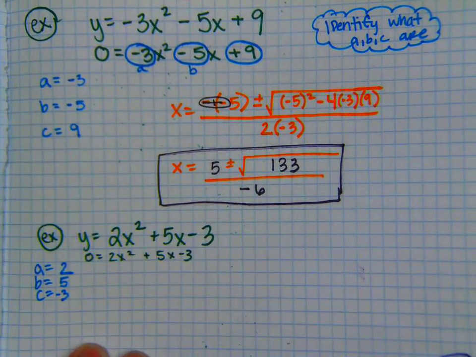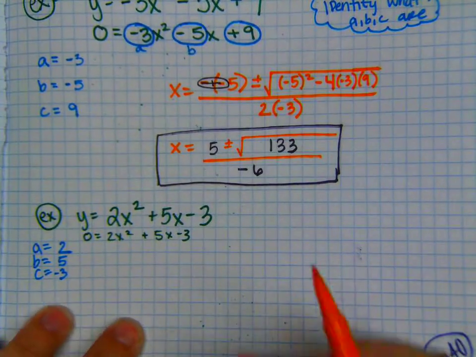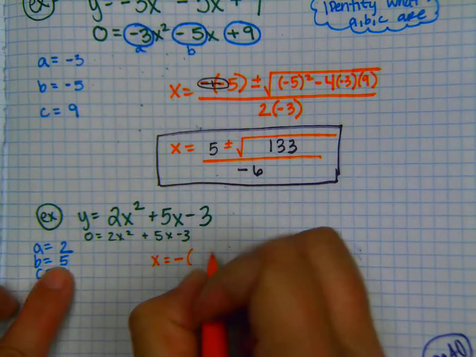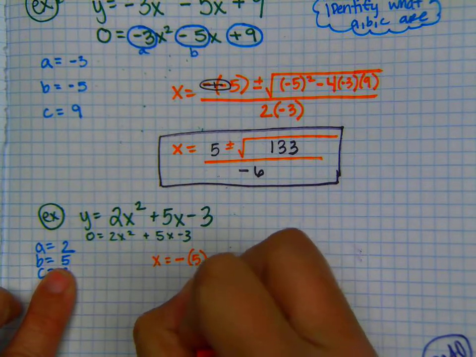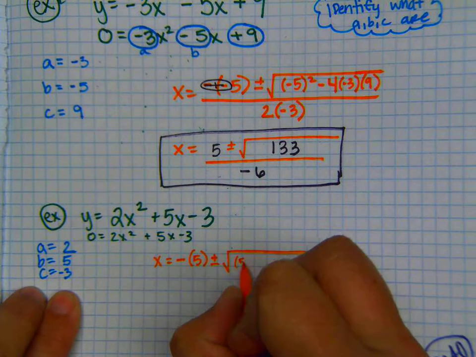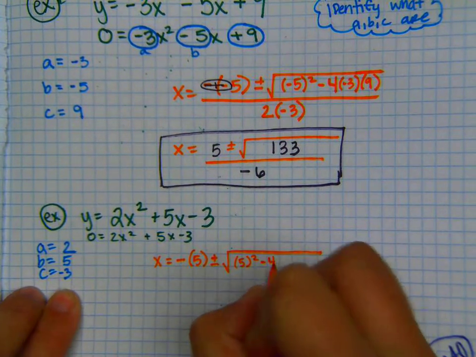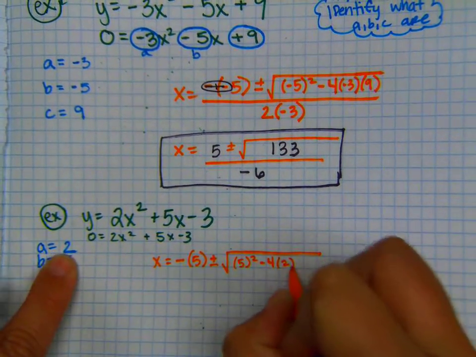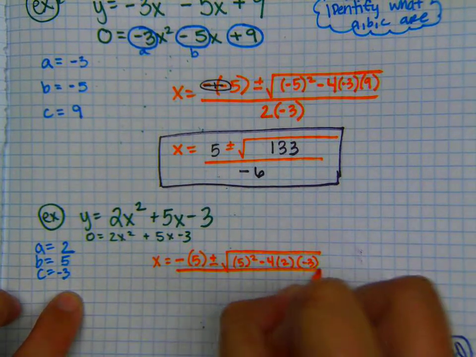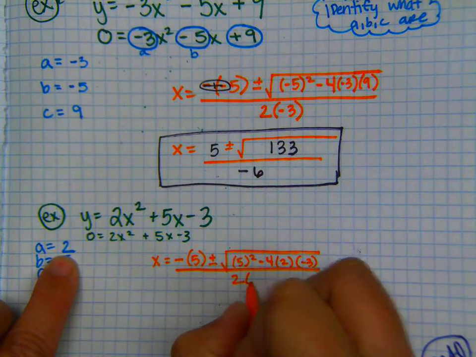Okay, and now I'm going to plug it into my quadratic formula. So x equals negative b, which is 5, plus or minus the square root of b squared minus 4 times a times c, all over 2 times a.